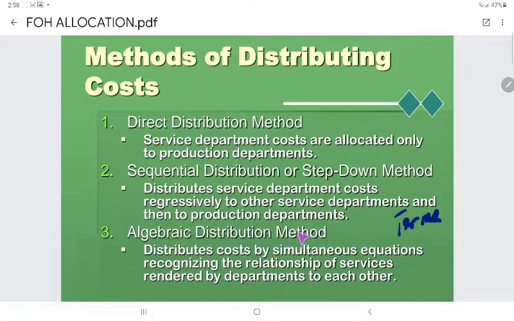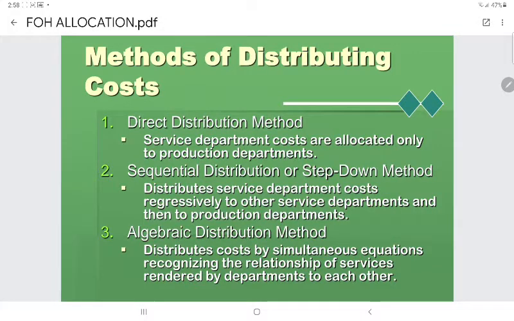So, we'll have a sample for this for you to be able to allocate the service cost as part of factory overhead. So, talaga namang pag sinabing overhead, ang inyong head, daming kino-consider, 'di ba? So medyo challenging talaga pag factory overhead or manufacturing overhead.